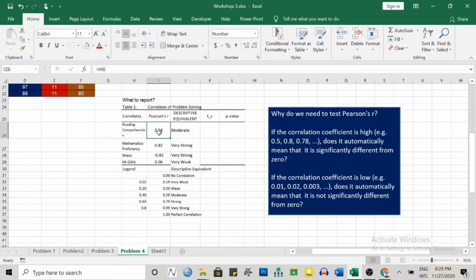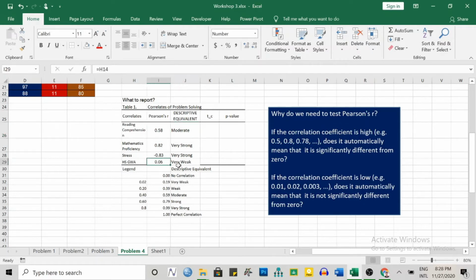If this is just the same as 0, then we cannot really say that the correlation is moderate, but the correlation is actually none. There is no correlation. Well, for most cases, if we have a high correlation, we have also a low probability value. That means that this correlation coefficient is significantly different from 0, so we can actually interpret this one as is.